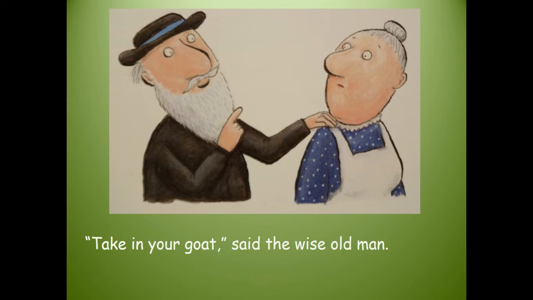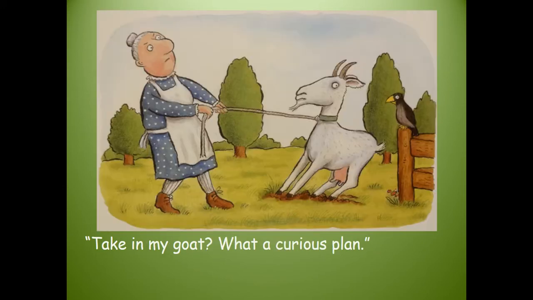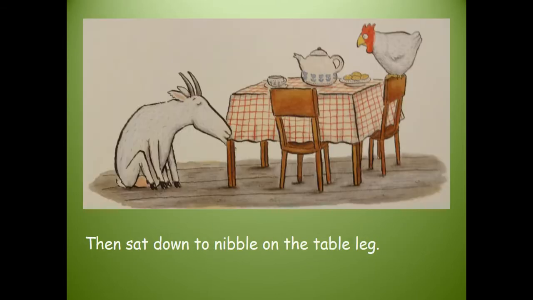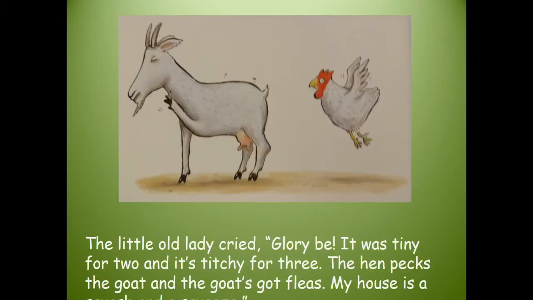"Take in your goat," said the wise old man. "Take in my goat? What a curious plan." Well, the goat chewed the curtains and trod on an egg, then sat down to nibble on the table leg. The little old lady cried, "Oh, glory be! It was tiny for two and it's titchy for three.